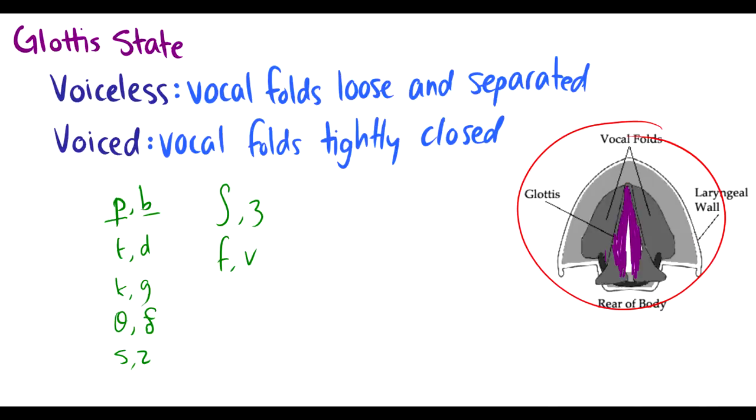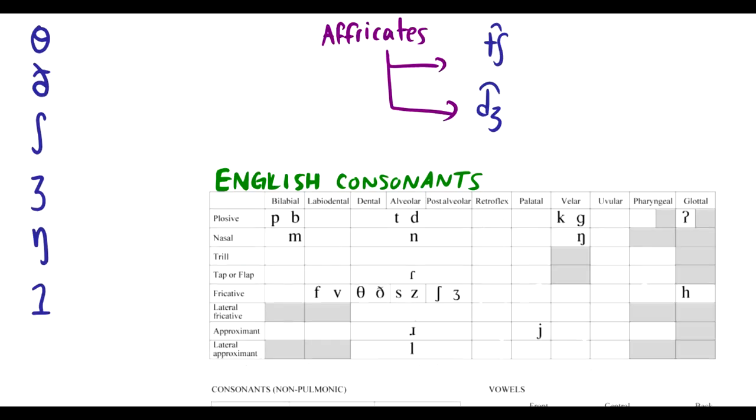And when we take a look at our IPA chart, I have all the English consonants here. These are noted by being left and right. The left one is always voiceless. So left is voiceless, and the right one is voiced. So when we take a look at our t and d pair, our t is voiceless, our d is voiced.